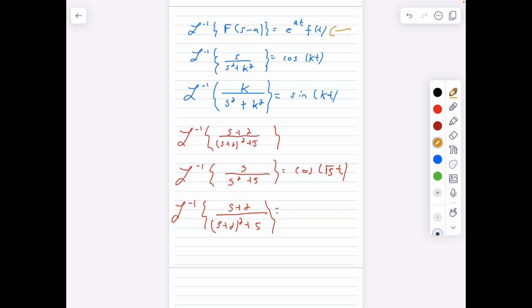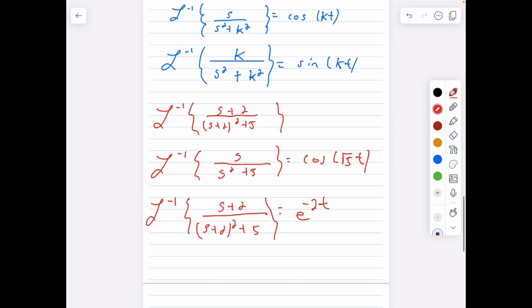What the shift formula says is, if you've got the transformation that's been shifted, all you're going to do is multiply it by the shift constant, which is that minus 2. e to the minus 2t times cosine root 5t, is what I meant to say.